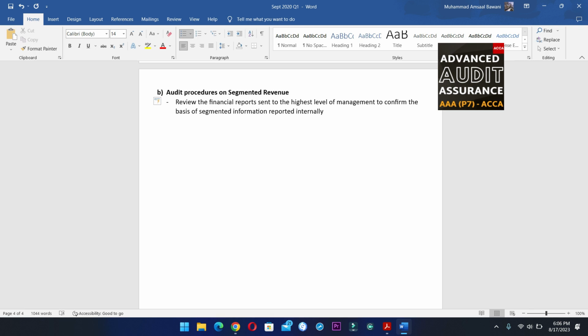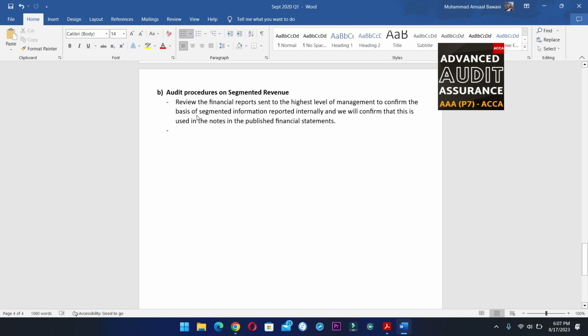We will be checking that this internally reported information is in line with the segmented information given to us, and we would further confirm that this is used in the notes in the published financial statements provided to the stakeholders, because they are also interested in knowing what the company is doing, right?